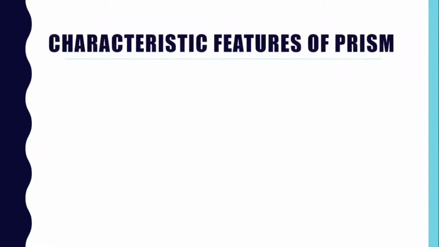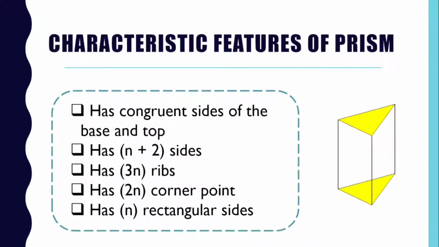The characteristic features of a prism: it has congruent sides of the base and top, and then it has n+2 sides, and then it has 3n ribs, and then it has 2n corner points, and then it has n rectangular sides.